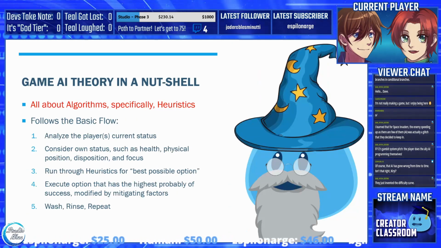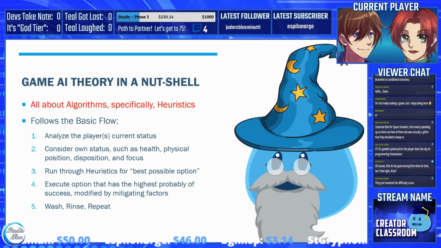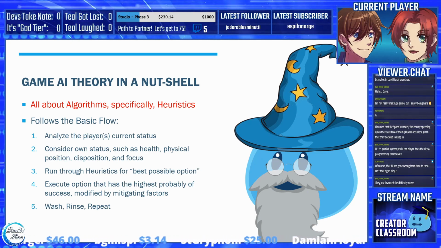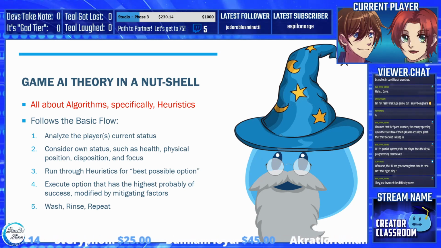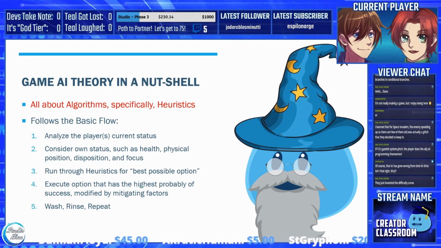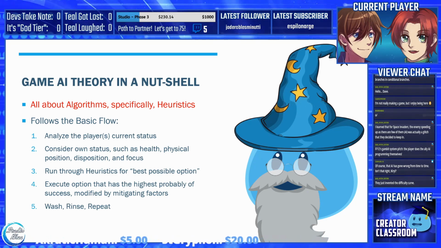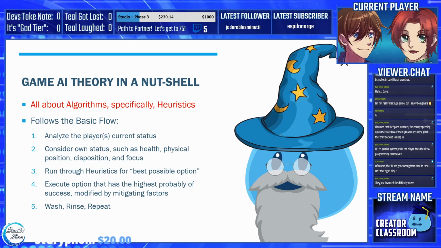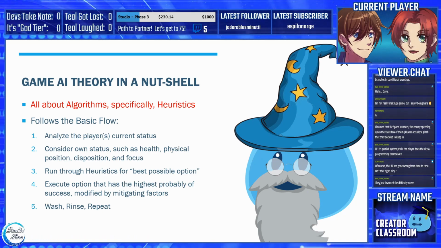Let us move on. So this is game AI theory in a nutshell. We have the wizard slime going to show us the magic. Yes, he is. It is literally all about the algorithms, specifically heuristics. If you know that word heuristic, you probably know it from your antivirus. Heuristical analysis is different than this. A heuristic is an algorithm that accomplishes a logical goal in as short and easy a way as possible.